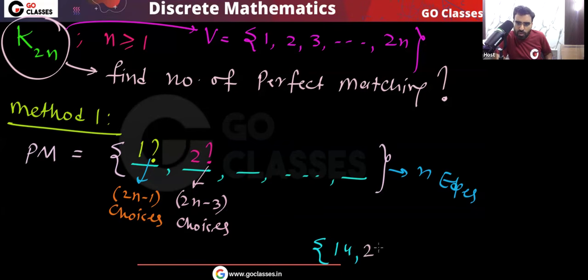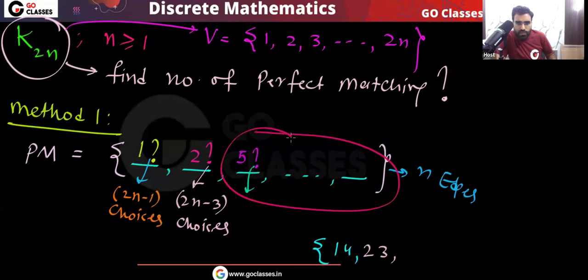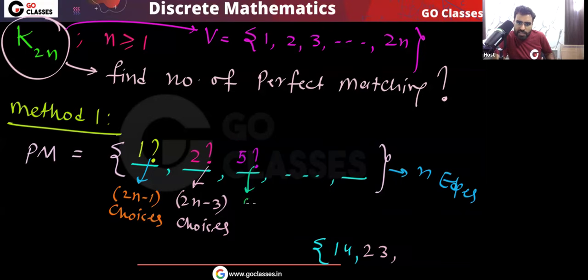Let's assume that for this 2, I have chosen the partner 3. Now, how many vertices are remaining? 2n minus 4. In those vertices, the minimum numbered vertex is 5. I will find a partner for 5. With this 5, how many partner choices are there? That will be 2n minus 5.